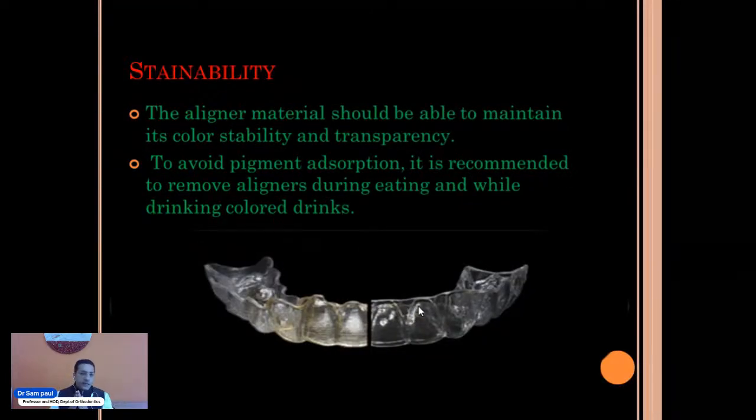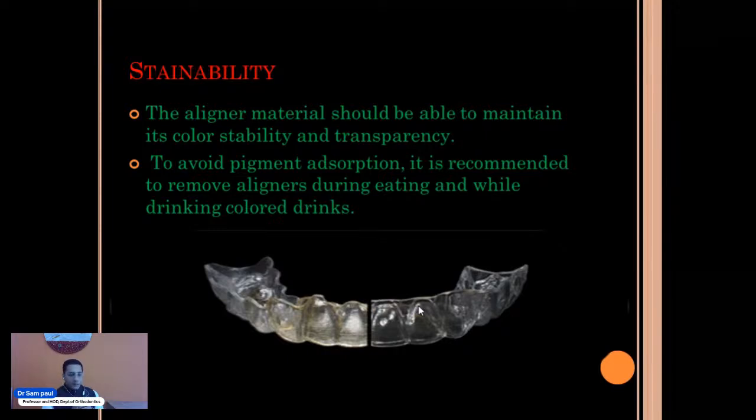And the staining of the aligner. Some people ask whether these aligners will stain or not, because aesthetics is the main concern when a patient has shifted his treatment plan from fixed orthodontic treatment to aligners. So, paying this much, will the aligner tray stain? Yes, of course, sometimes it stains.